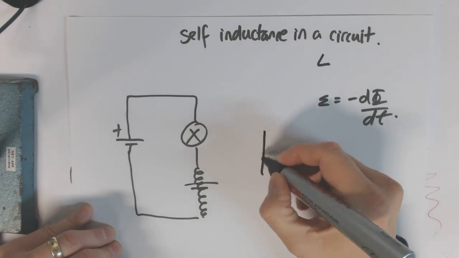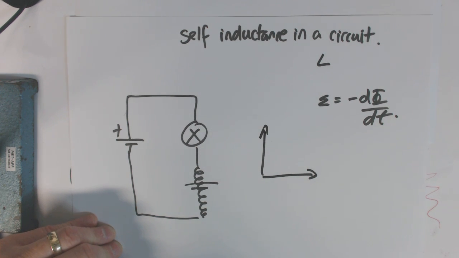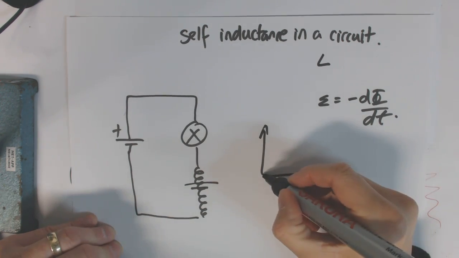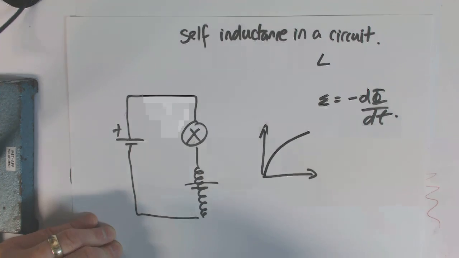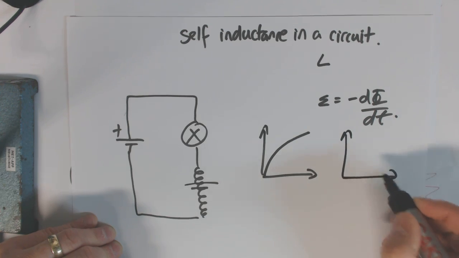And remember the curves, and I think we already went through the formulas for the curves with the capacitor. They're very similar for the inductors, and I will do a little video on that. But remember that the voltage-time curve was like that for a capacitor, and the other three curves were like this.